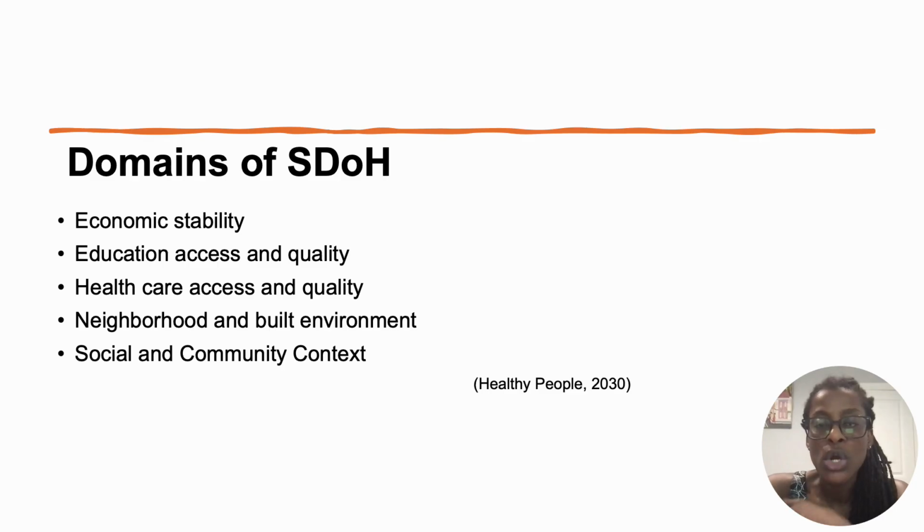These are the main domains of Healthy People for addressing health disparities and increasing health outcomes. Healthy People is a report that outlines 10-year health objectives, as well as strategies toward increasing health equity and promoting health outcomes.